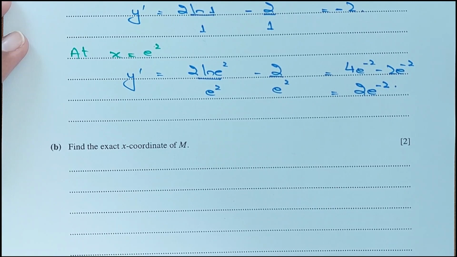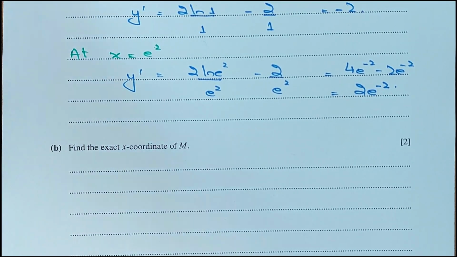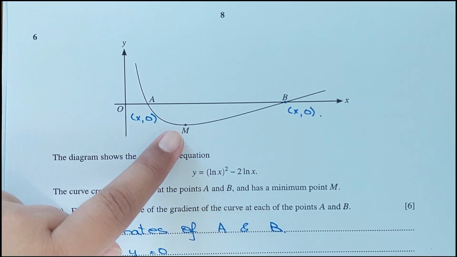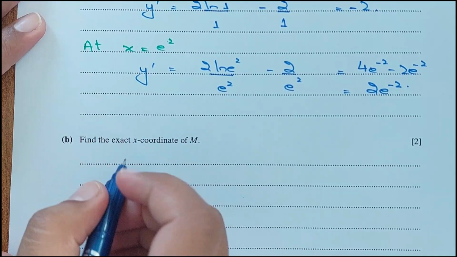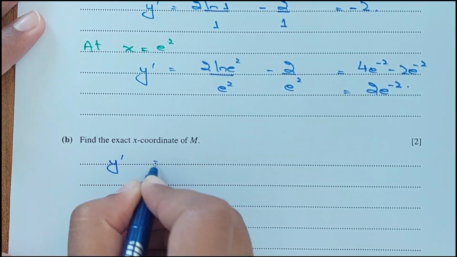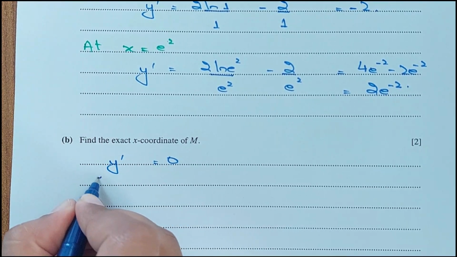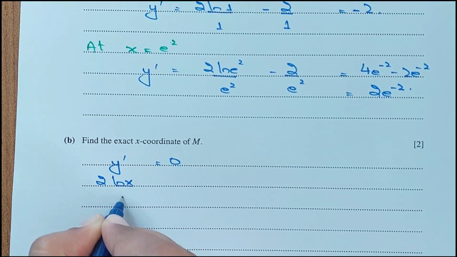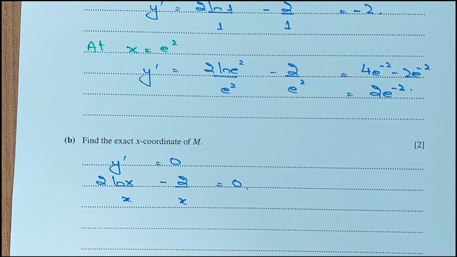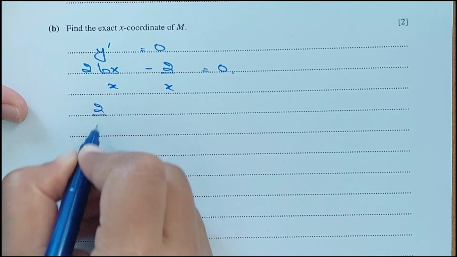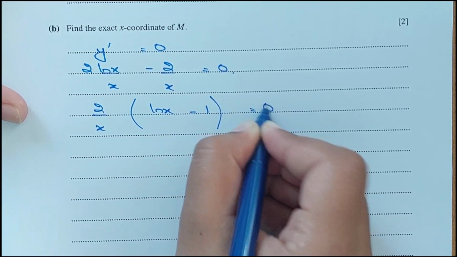Now moving to part B, find the exact x coordinate of M. We know that M is the minimum point, and for a minimum point we put the gradient equal to 0. So y prime should equal 0. The gradient we got is 2 ln x over x minus 2 over x. Taking 2 over x common, we are left with ln x minus 1 equals 0.